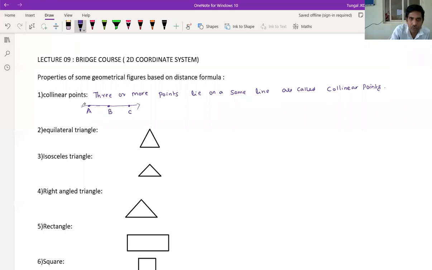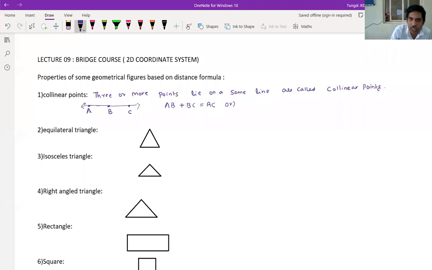Right. Suppose I take 3 points on a line, A, B, C. If these 3 points are said to be collinear, what condition can you write? Nothing but using the distance formula, AB plus BC is equal to AC. So when the AB distance and BC distance are added, you get the AC distance, then the 3 points are said to be collinear.